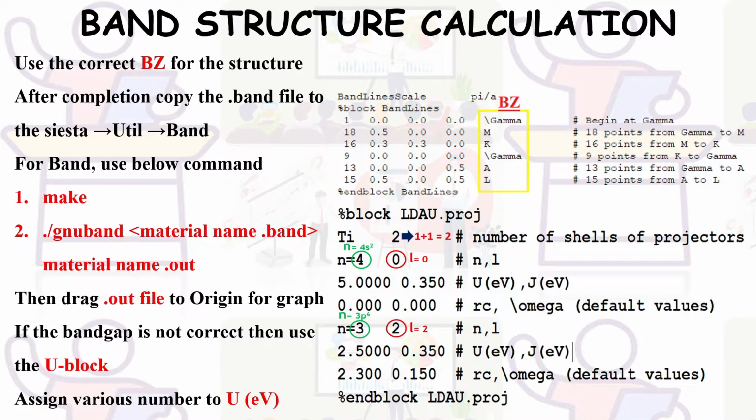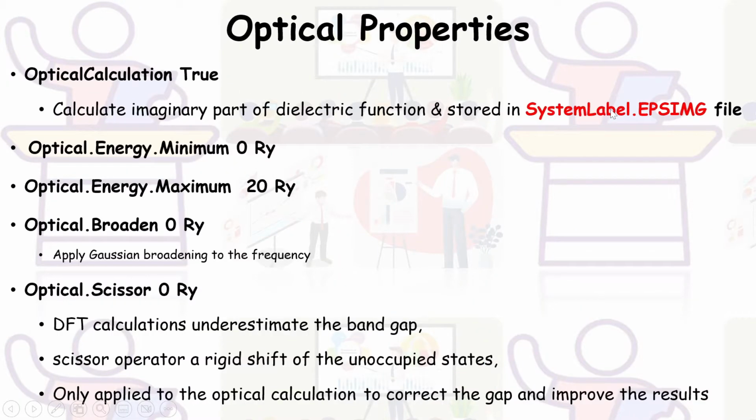And the next one is the optical properties. So for the optical properties, let's calculate the imaginary part of the dielectric function and store it. When you set the optical calculation to true, in the SIESTA output it will create the system label, that is the name you give in the input file, and so that name dot EPSIMG.